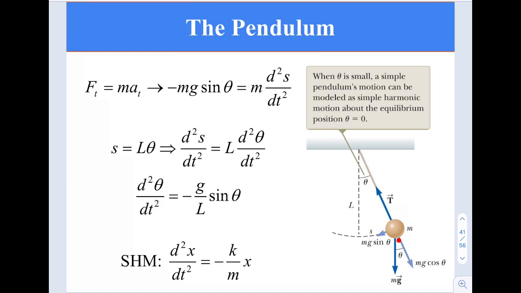Assuming that there is no air drag and internal friction at all, we are going to have the components of the mg. Here is mg cos theta, and here is mg sin theta.